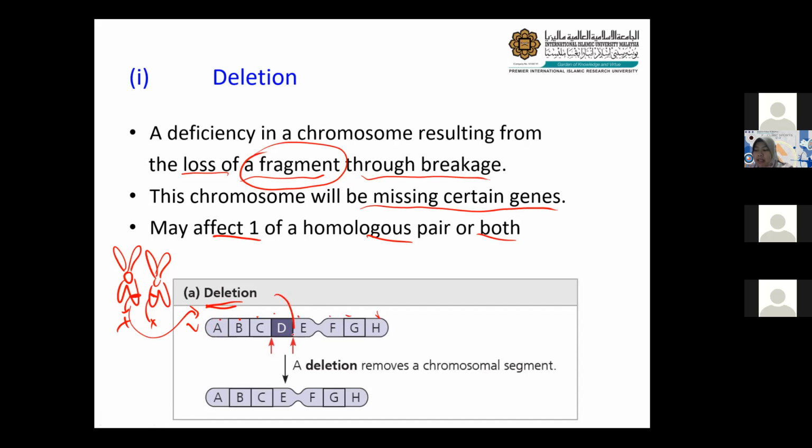One fragment of the chromosome is lost through breakage. D ni hilang. So now you only have A, B, C, E, F, G, H. So fragment D or locus D has been lost, which affects a few genes. Okay, faham? That is deletion.